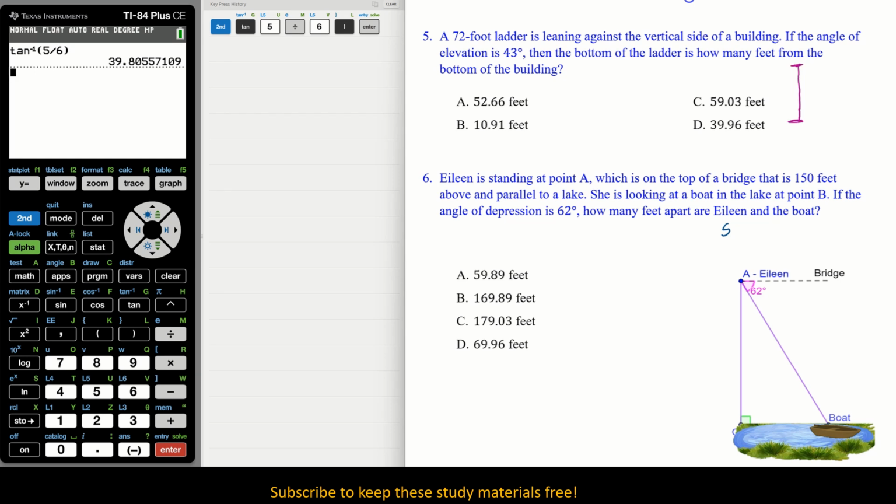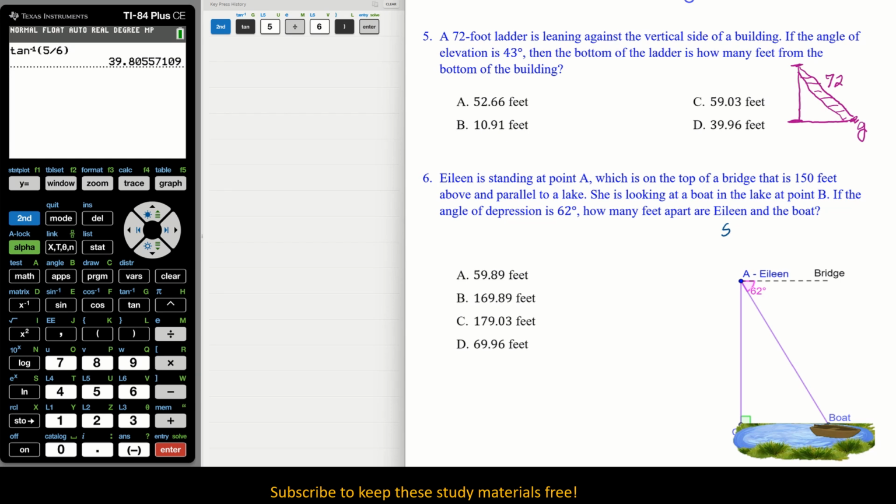And this would be the ground. Now, you have this ladder and it's leaning. And again, pretend that I can draw. And it's 72 feet, okay? There's your ground. We'll call this G for ground, okay?